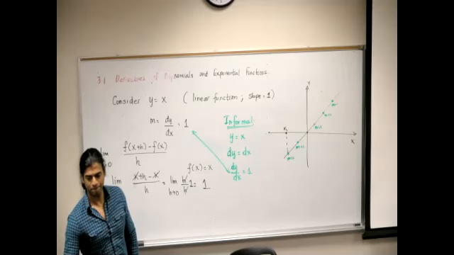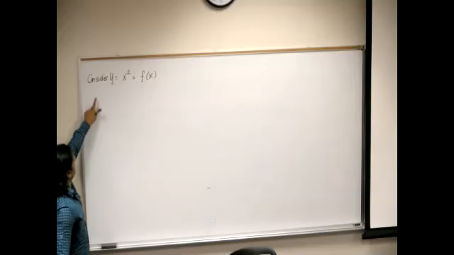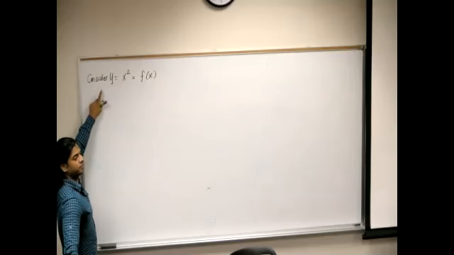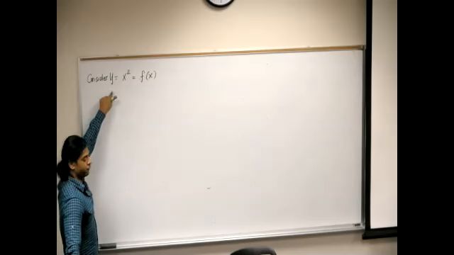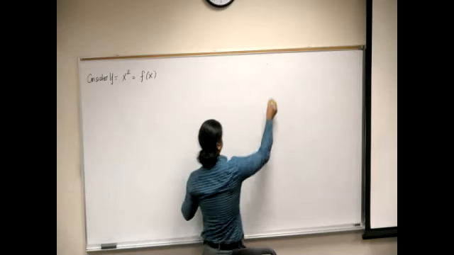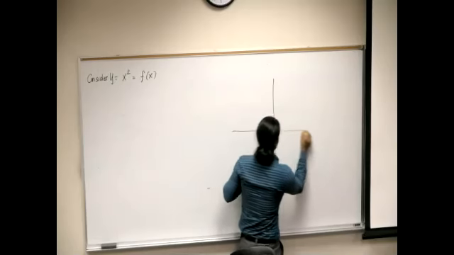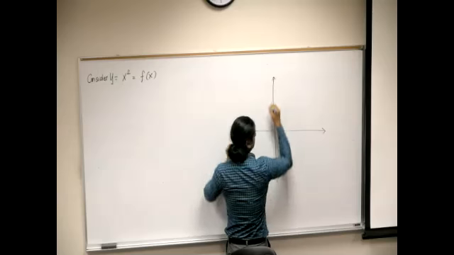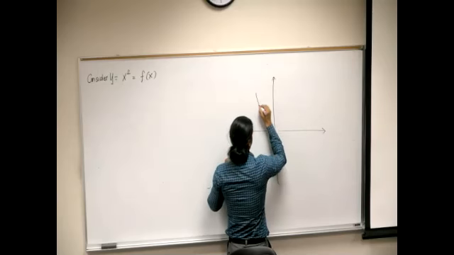I think I'm going to go straight to the derivative. So if y is equal to x squared, which is f of x, what should the curve look like? A standard parabola.